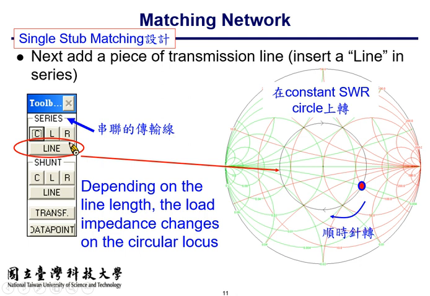So, press this button, and a circle appears on the Smith chart. What is the name of this circle? Constant SWR circle, okay? You can move your position with your mouse on the circle to determine the length or the position you are interested in.